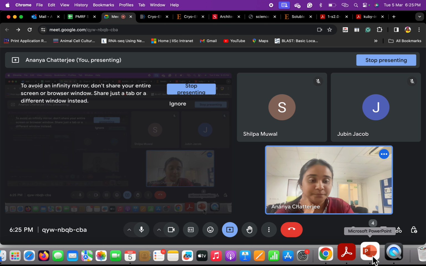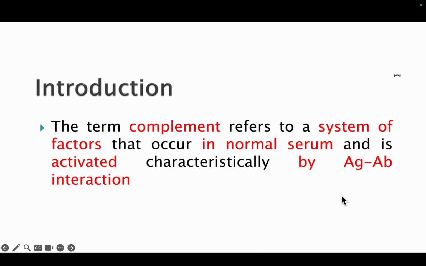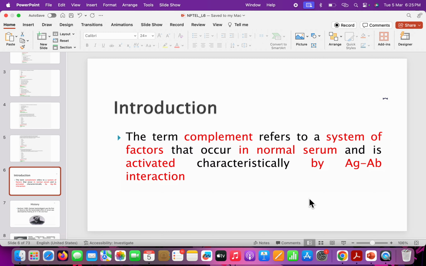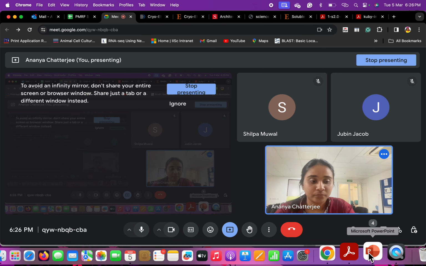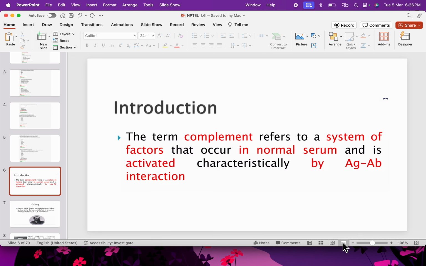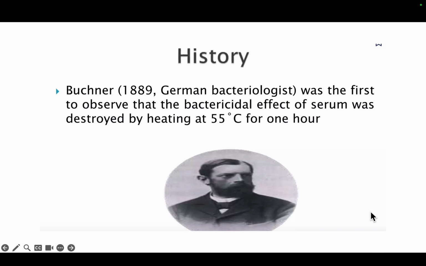The scientist Buchner, a German bacteriologist, was the first to observe that the bactericidal effect of serum was destroyed by heating at 55 degrees Celsius for 1 hour.